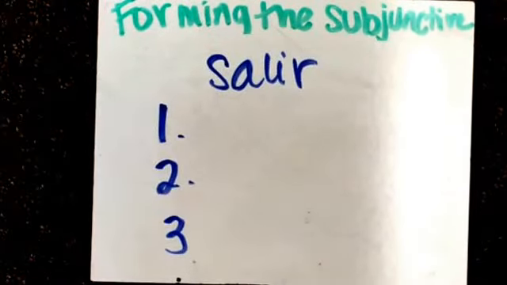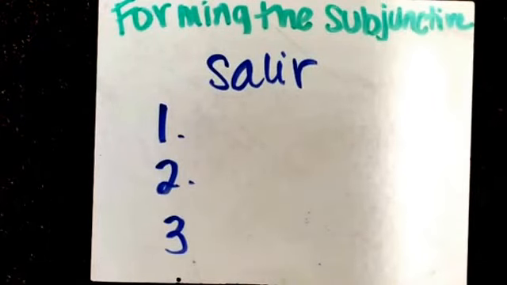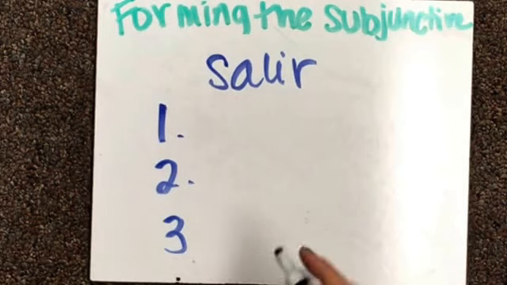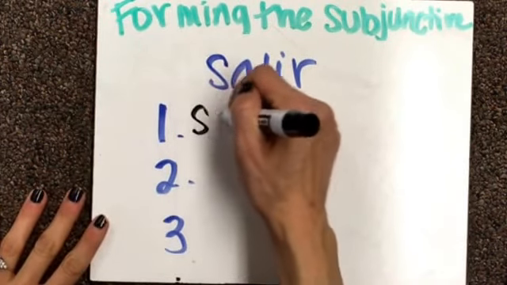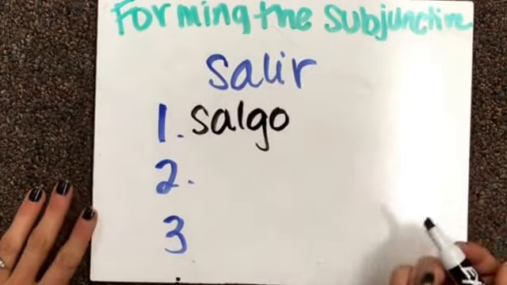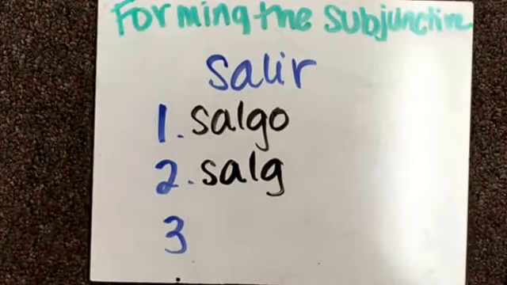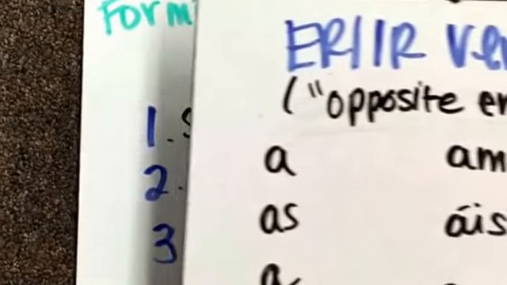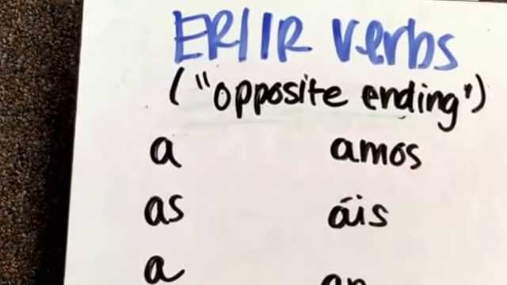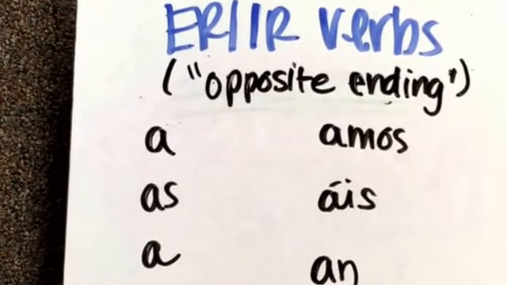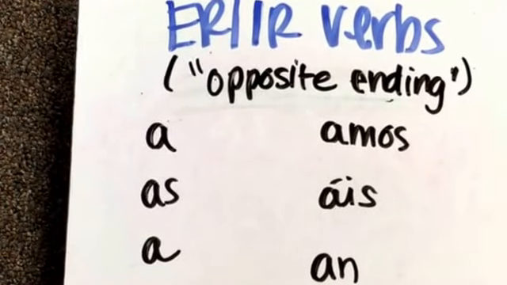If we want to form the subjunctive for the verb salir, it's an IR verb. So we do the same thing we do for tú, usted, and ustedes commands. We put the verb in the yo form, salgo. We drop the o, and we add the opposite ending. So we have another cheat sheet for that. If you look at these ER, IR verbs and we want the opposite ending, we have a, as, a, amos, áis, and an.